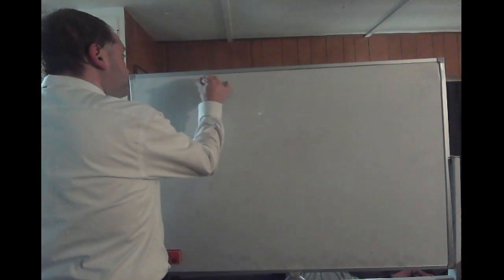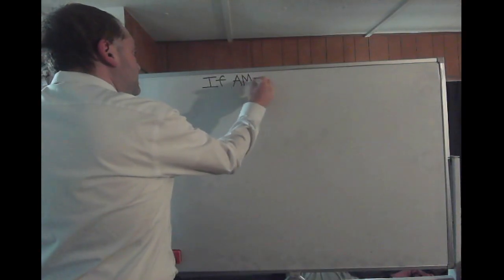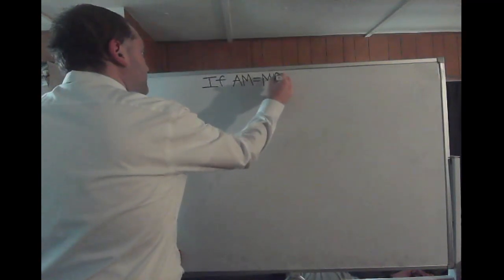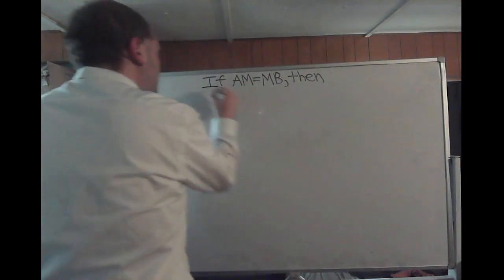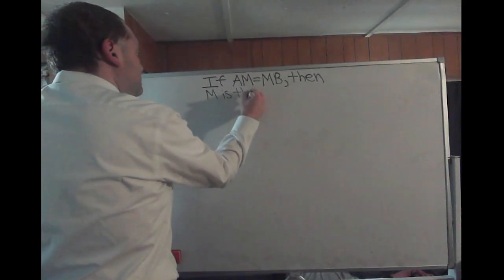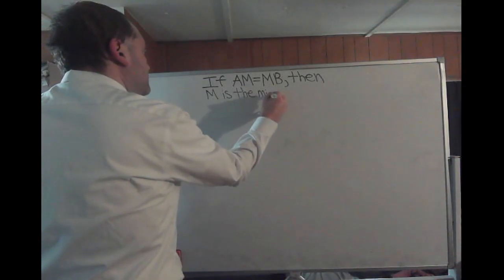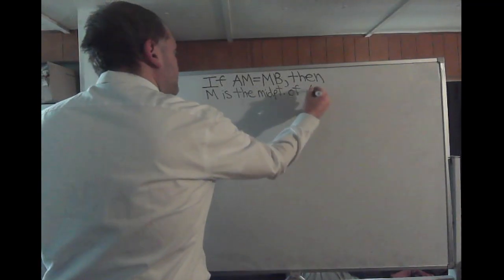Okay, so what's next? If AM equals MB, then M is the midpoint of segment AB.